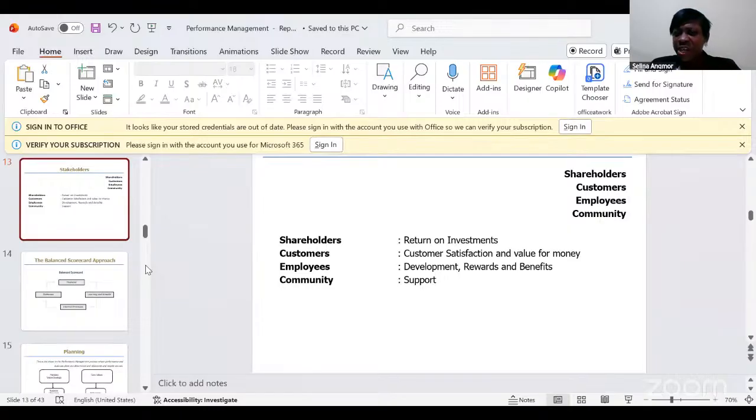HR has various functions within an organization. Resourcing is a function of human resources. Capacity building is a function of human resources. Performance management is also a function of human resources. So HR has that responsibility to ensure that the organization is performing and ensure that the performance management within the organization is being implemented effectively.